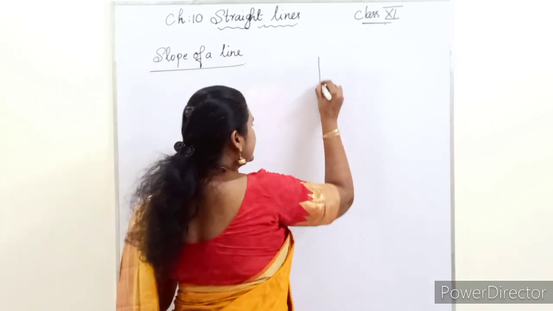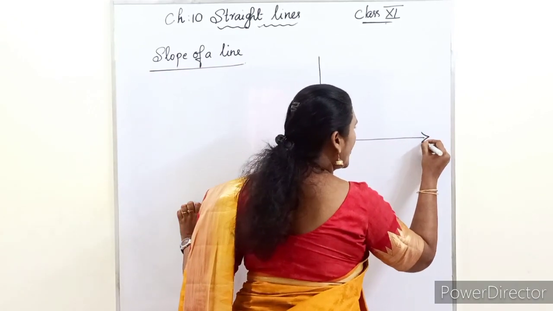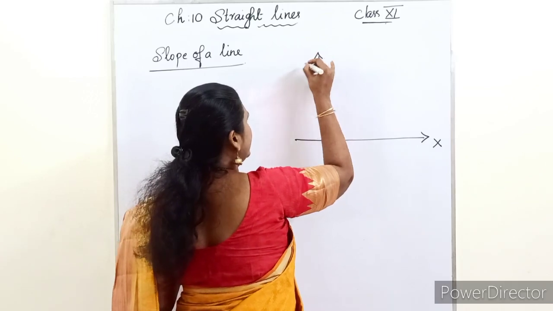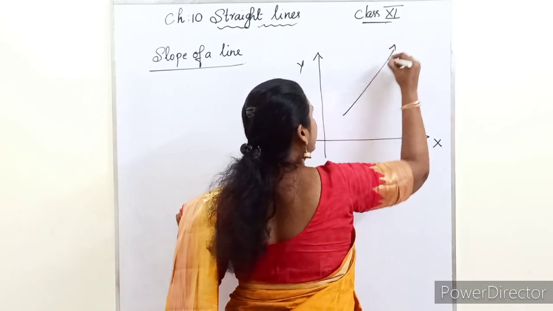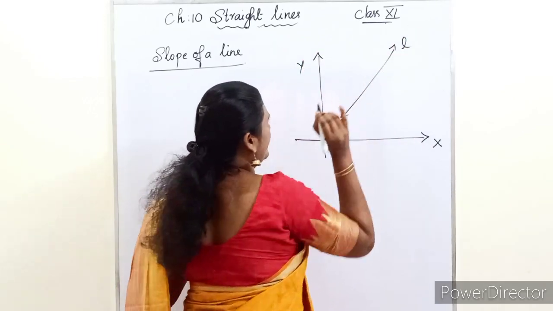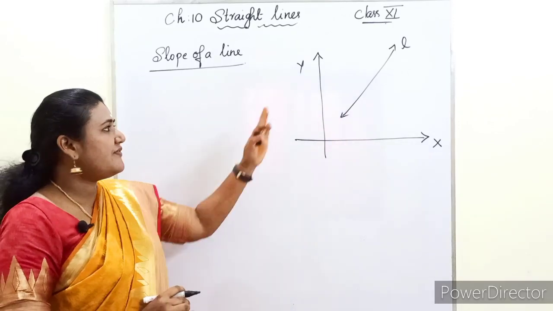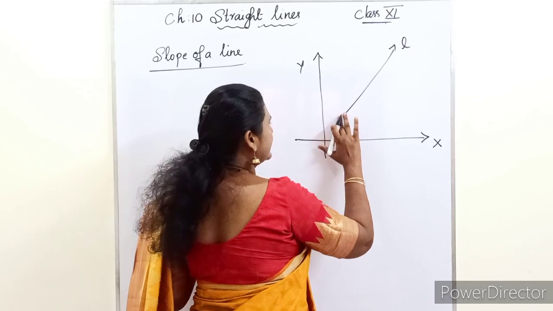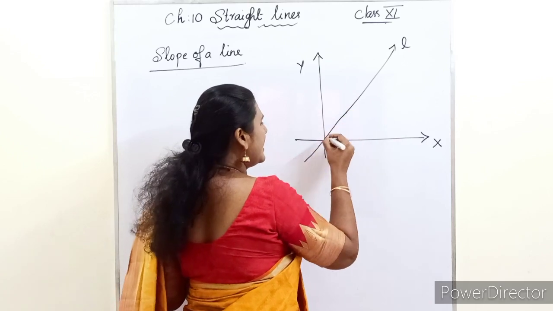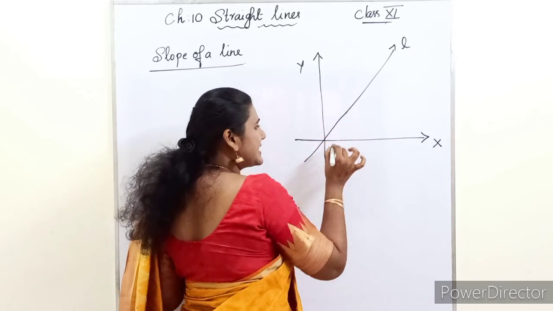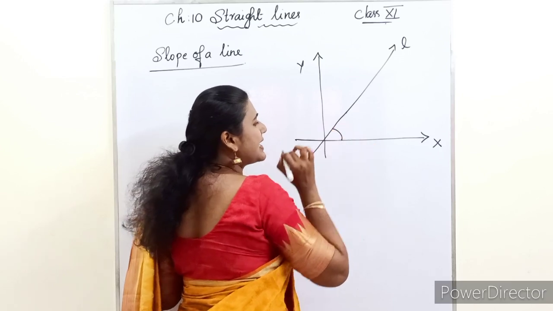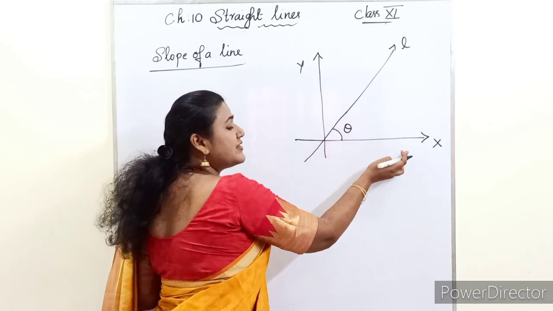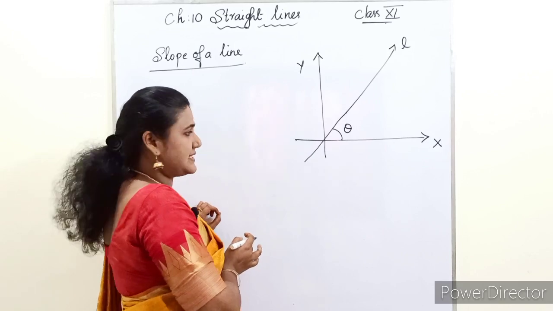So let us consider a line in the coordinate plane. Let us consider a line L in the coordinate plane. Suppose if we extend this line, this will intersect the x-axis and it will make an angle theta with the positive direction of x-axis.